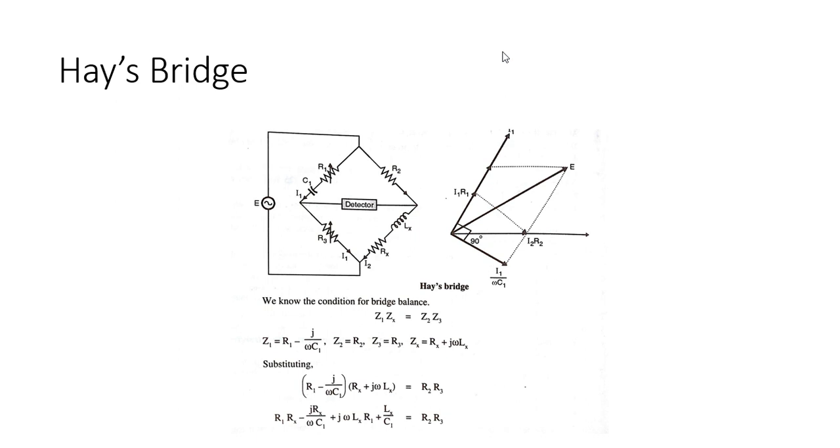This is the schematic of that, and it uses a resistance in series with a capacitor. Here, this capacitor is used in series with this resistance, and for large phase angles, R1 should have a very low value. This circuit is used for measuring a high quality factor, that is the Q factor.